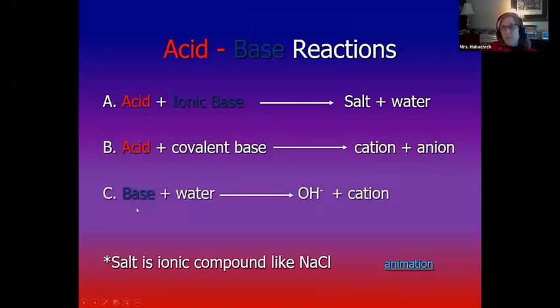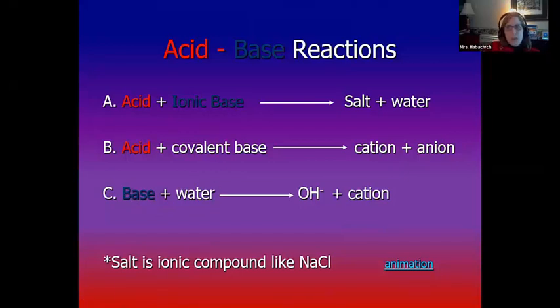And then the other type of reaction you can have is a base plus water, no acid involved. Then water sort of acts like the acid, and you get an OH minus plus a cation, whatever the base is there. Okay, so remember, those are the three types of reactions.